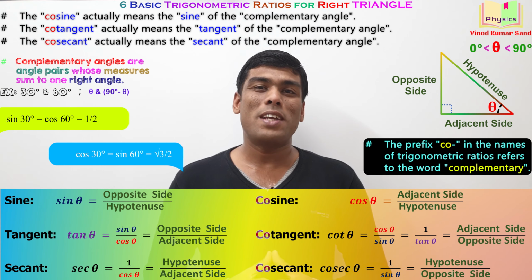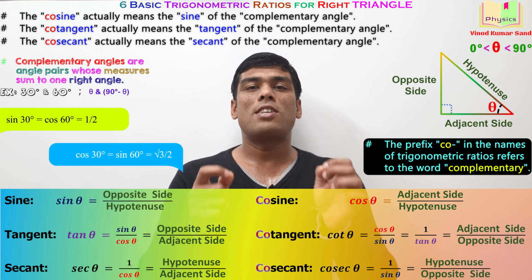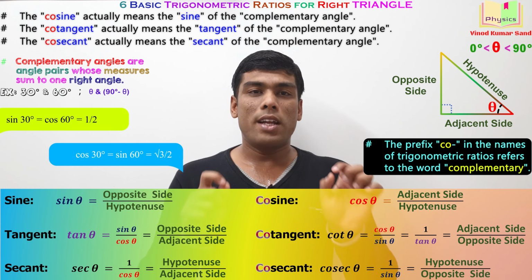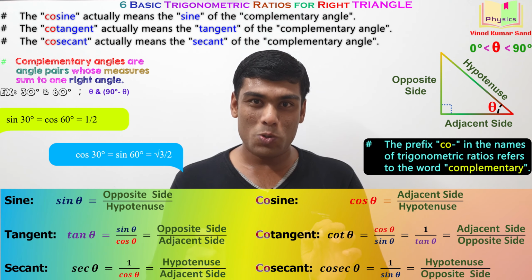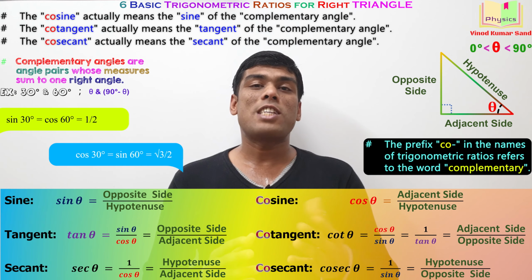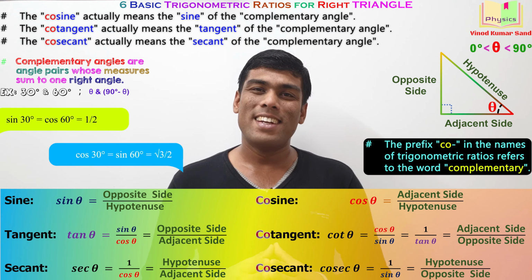Then there will not be any triangle. So you cannot use the definition of these ratios. Getting the idea? The values of sin 0 degrees, cos 0 degrees, tan 0 degrees and so on cannot be obtained using these ratios. Now suppose you want to obtain the value of sin 90 degrees, which means you want to make theta equal to 90 degrees.